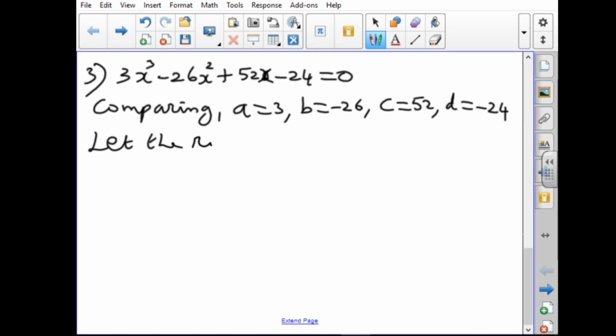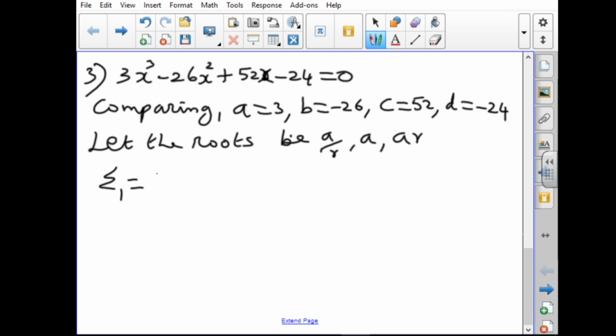Now let the roots be, so here the three roots, in a geometric progression. When we take three roots in a geometric progression, usually we take them as a by r, a and ar. So these are the roots in the GP. Now what is sigma 1?